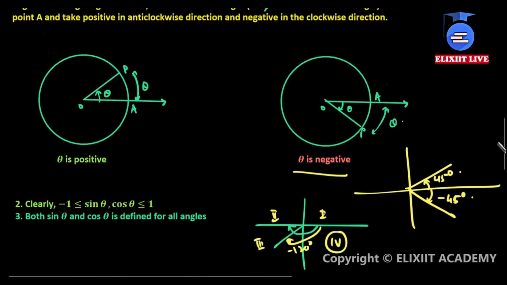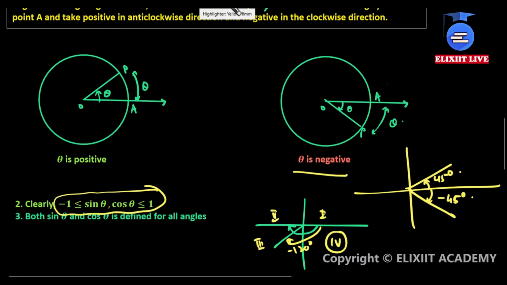What you have seen so far says that sin theta and cos theta lie between -1 and 1. This is the range of sin theta and cos theta.